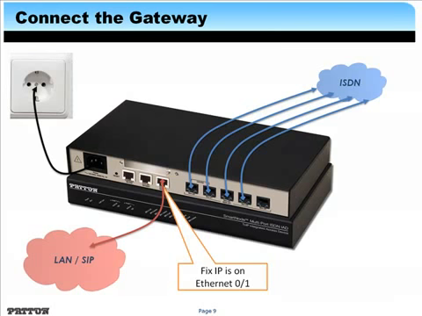There's one little caveat, which is the fixed IP that we configured on the 3CX user interface for the gateway is now on port 01. So if you had the gateway hooked up on port 00, you have to now change the Ethernet cable to be connected to port 01. Otherwise, 3CX will send the packets to the wrong IP address.